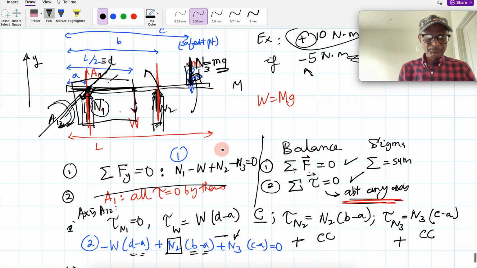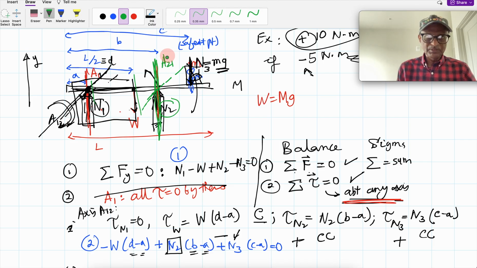Now how about we try another axis. Another good axis to try will be this, which kills N2 from the problem. If you try this one, all torque will be 0, so this axis is no good.